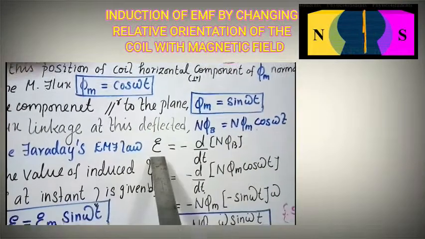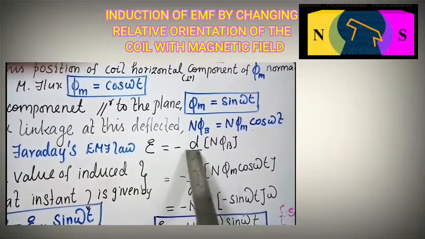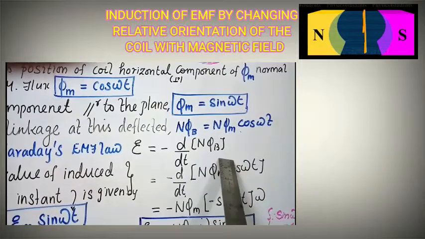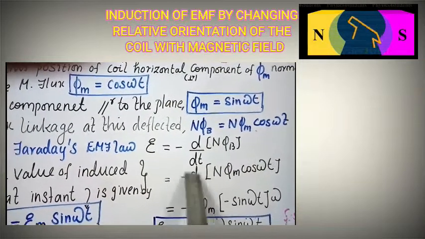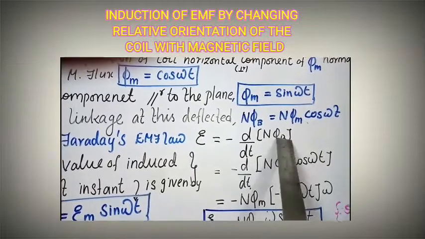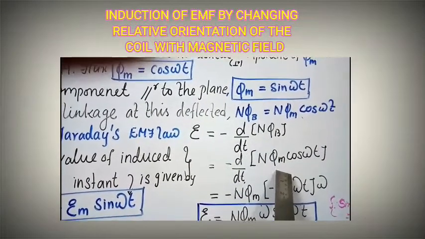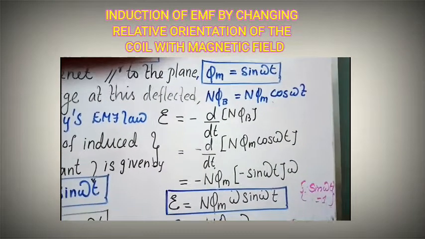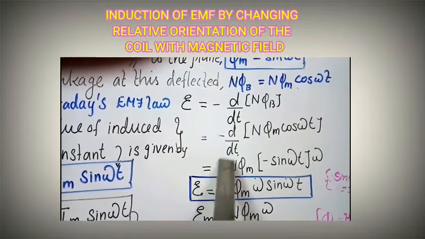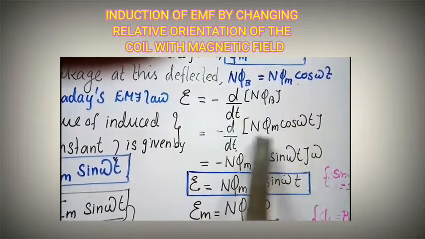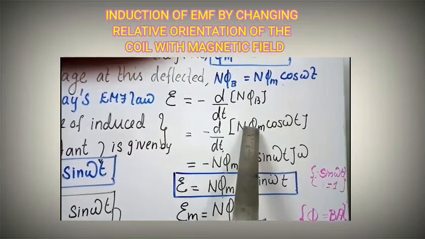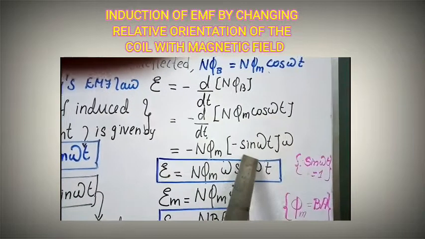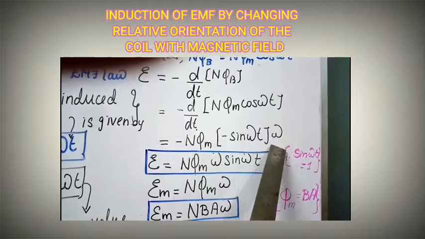The induced EMF E is equal to minus d by dt of the number of turns in the coil times phi m, that is minus d by dt of n phi m, the maximum magnetic flux, times cos omega t. The sin omega t term is neglected. Differentiating, cos omega t gives minus sin omega t into omega, with n phi m constant.